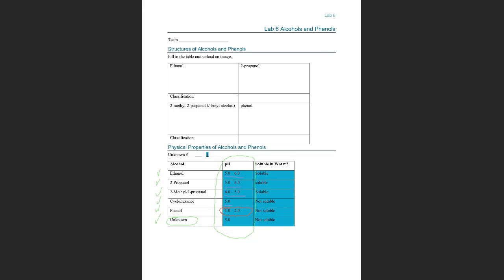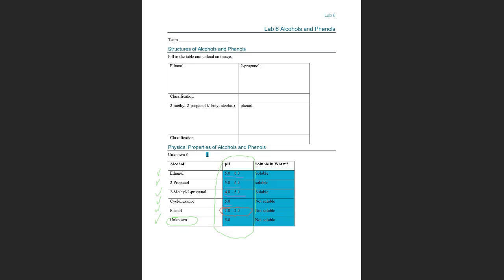Then you will test the solubility. You will be given the solubility of these 6 alcohols in water. You will add 40 drops of DI water to each of these 6 alcohols, and you will test the solubility. Soluble compounds will show a clear solution.